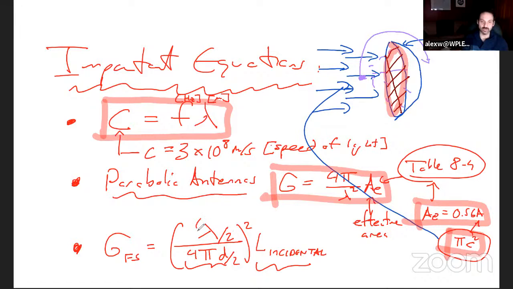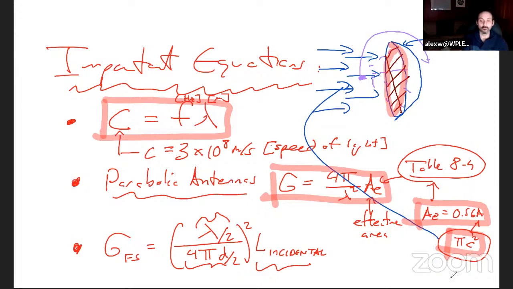Lambda over 2 is actually kind of important. You see this all over the place in antenna design. That's a nice number. We use it in a lot of cases, for instance, if we have multiple antennas and want to space them out, there are really great physical properties with respect to having things half a wavelength apart, or half a wavelength in terms of design.